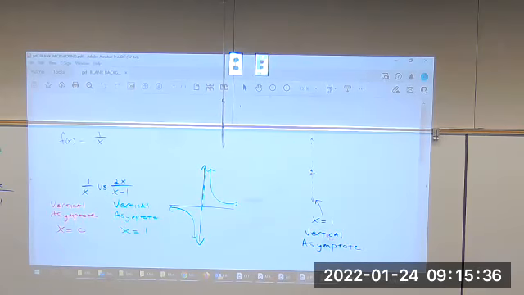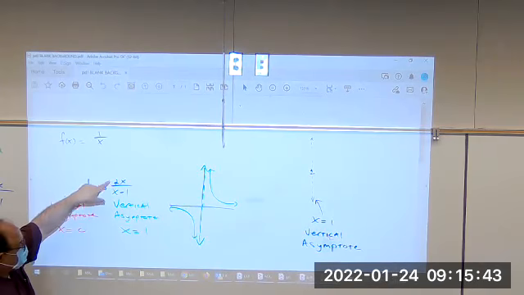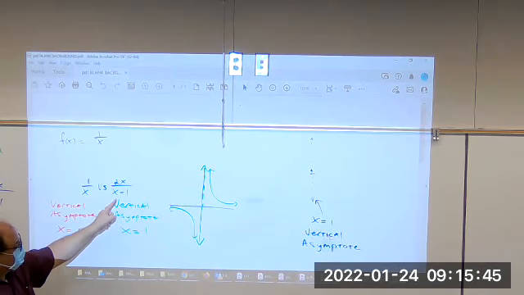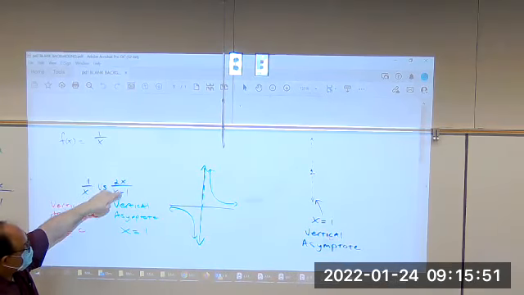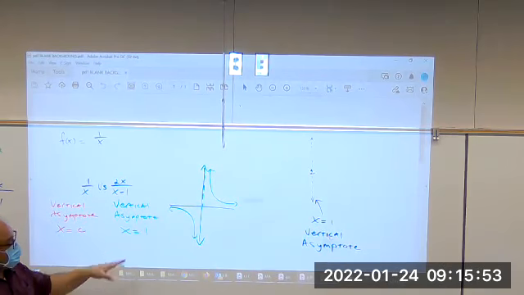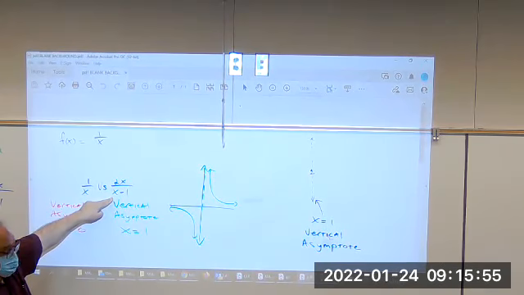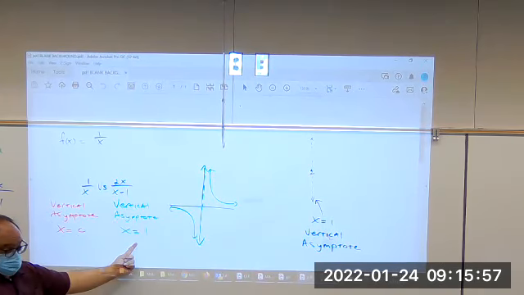Right? Right, so 0 is fine, but what's not on here? 0, 0 minus 1, 0 over negative 1, that's fine. But I can't plug in what? 1. That's why they asked for it.